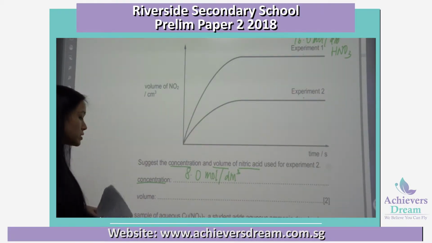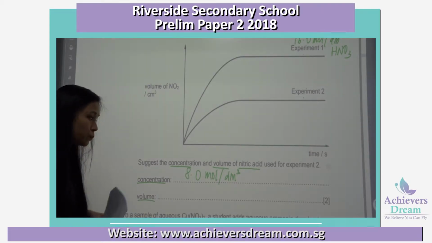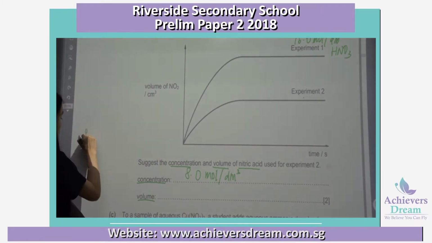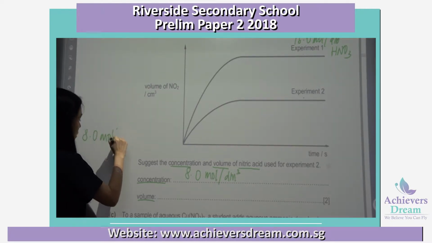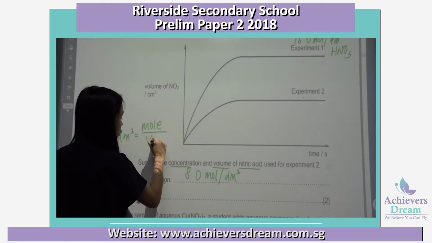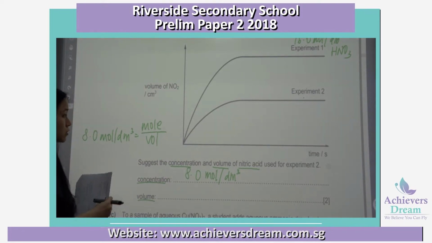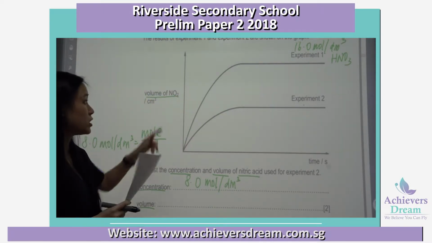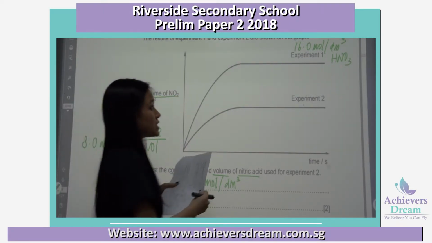Now the next thing we need to find is the volume of nitric acid being used here. Take note, for moles per dm cube, the calculation is mole over volume. What do you realize about the volume of nitrogen dioxide being formed? It is half.